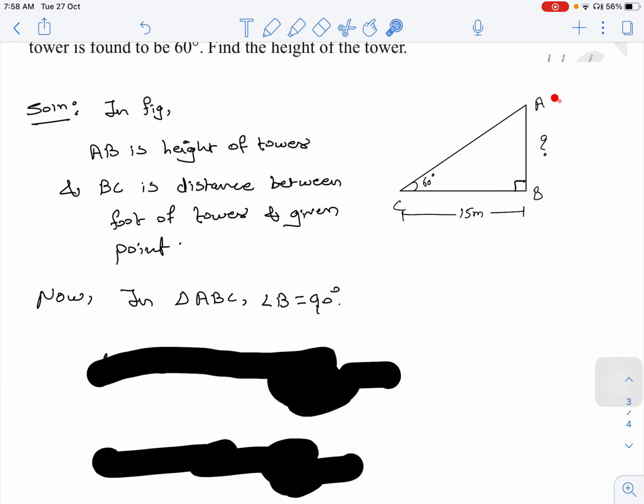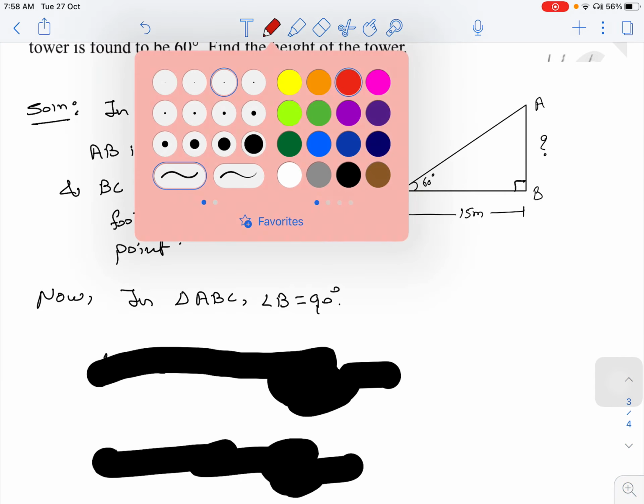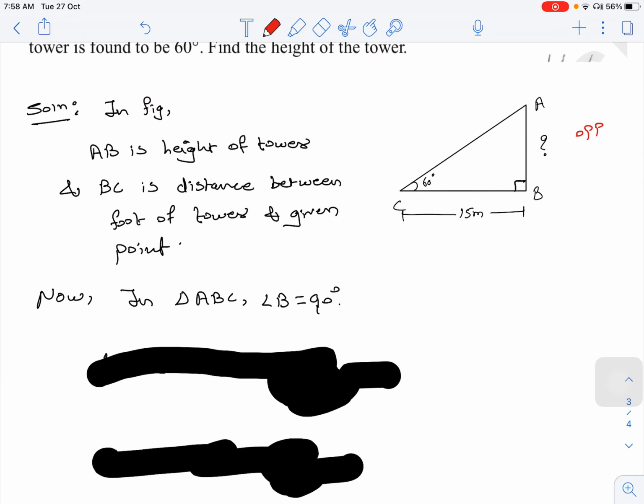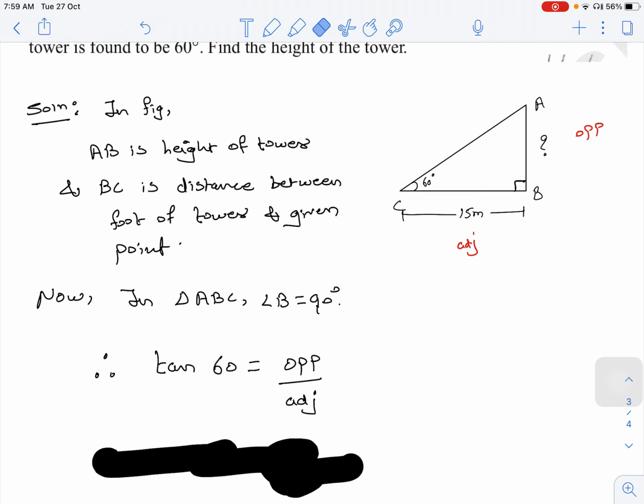For this angle C, AB is the opposite side and BC is the adjacent side. We want to keep AB in the numerator, so which ratio do we have as opposite upon adjacent for this angle? Opposite upon adjacent is nothing but tan. So we will write here tan 60.